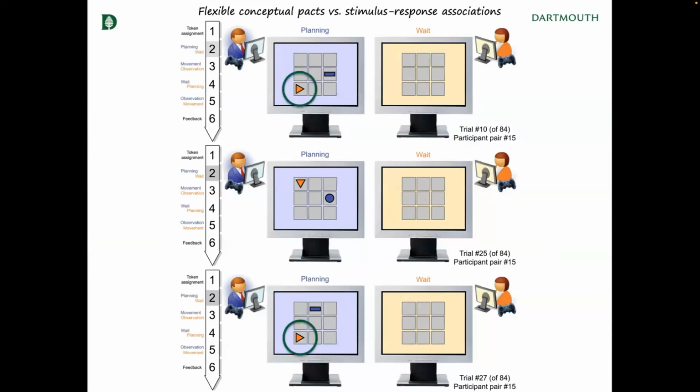What you might notice is that this is trial 10. These are all 3 from the same pair, 10, 25, and 27. Trial 10 has quite the same target configuration for the receiver. So you would expect that people do the same thing for these same problems, but let's have a look.